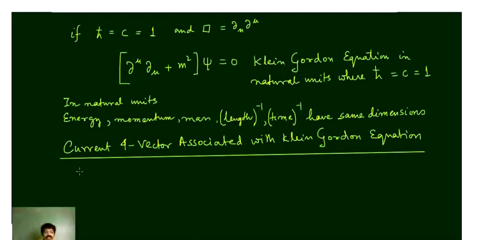I do it immediately, keeping all the units intact. So psi star, and these psi star or psi are functions of space and time, multiplied by the KG equation, minus psi multiplied by the KG equation star.